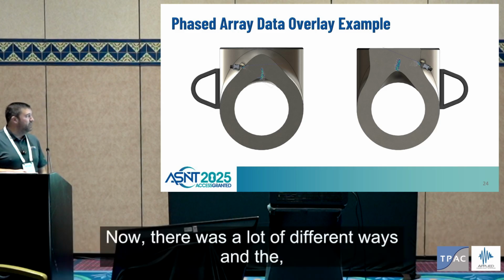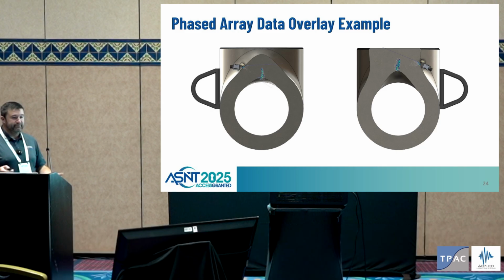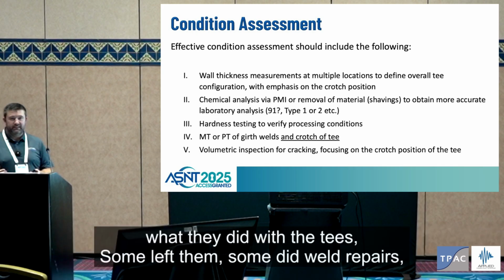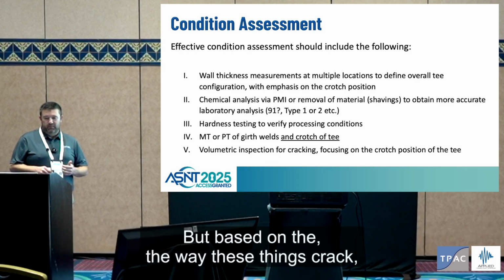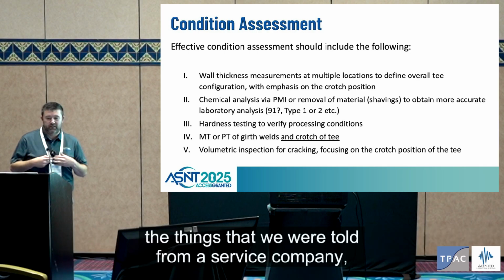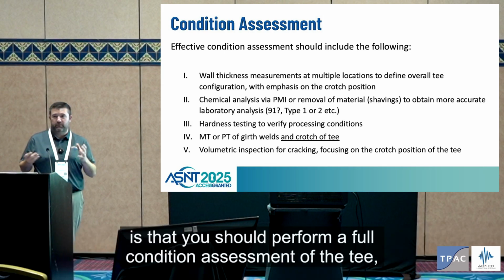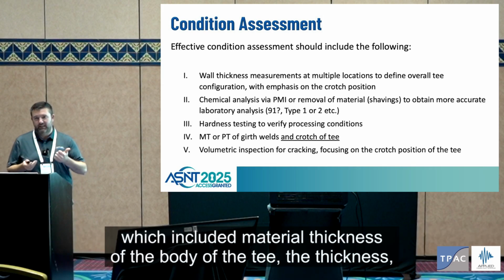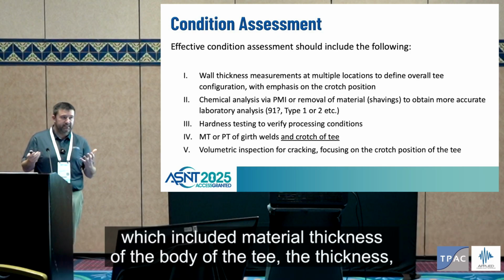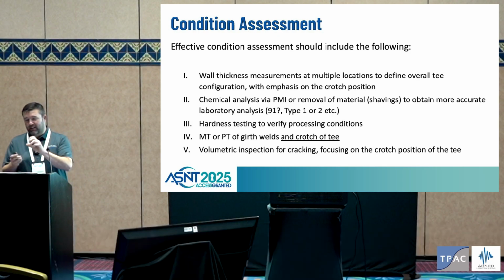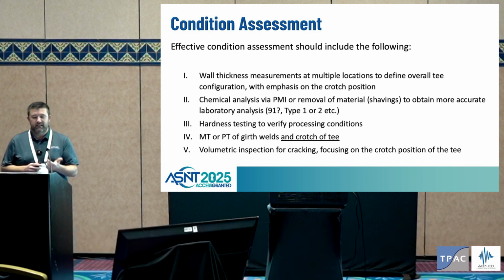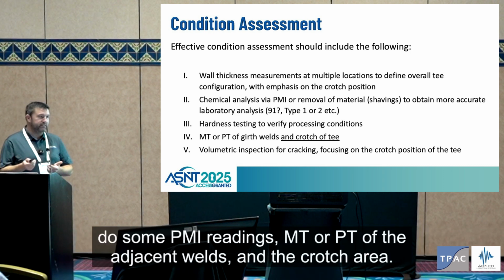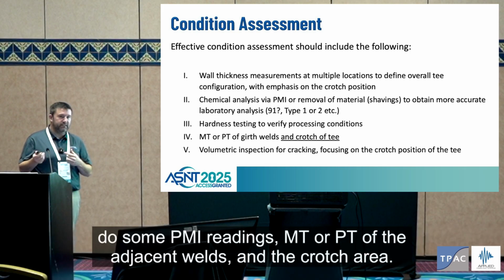Now, there were a lot of different ways of handling the Ts. Some left them, some did weld repairs, some did some other things, but based on the way these things crack, what we were told by a service company is that you should perform a full condition assessment of the T, which included material thickness of the body of the T, the thickness in a very small grid in the crotch of the T, do some hardness readings, do some PMI readings, MT or PT of the adjacent welds and the crotch area.